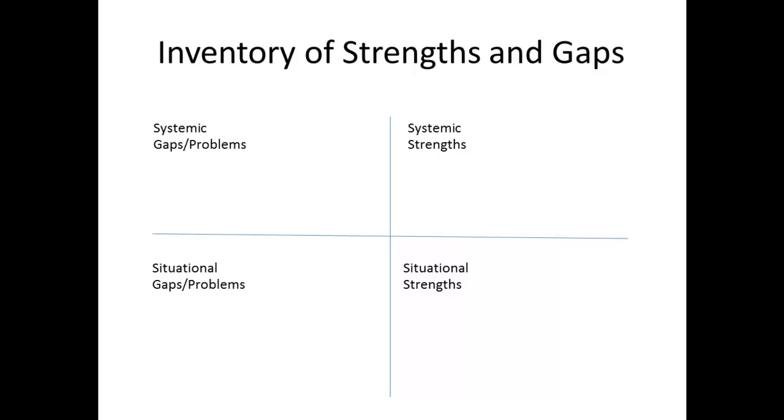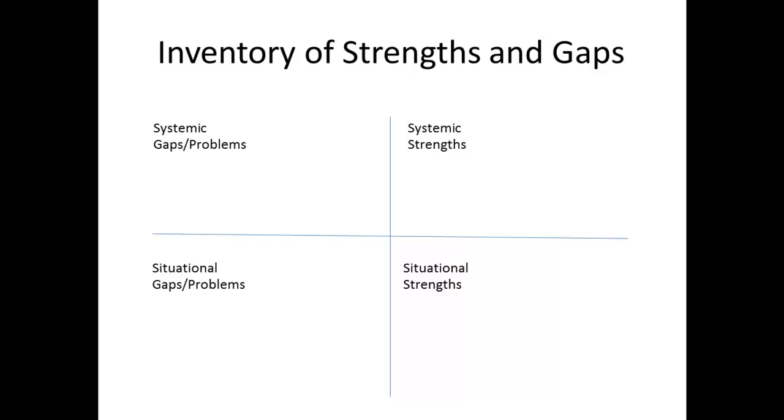Now, when we talk about situational strengths and gaps, we'll use the marketing example again. So a strength would be the fact that we have a lot of energy, a lot of folks who are less academic now who are in the organization. So that would be a strength that we could pull on. Whereas with a situational gap, this is a gap where we don't have marketing knowledge, there's not necessarily anyone who's a marketing expert on the team.